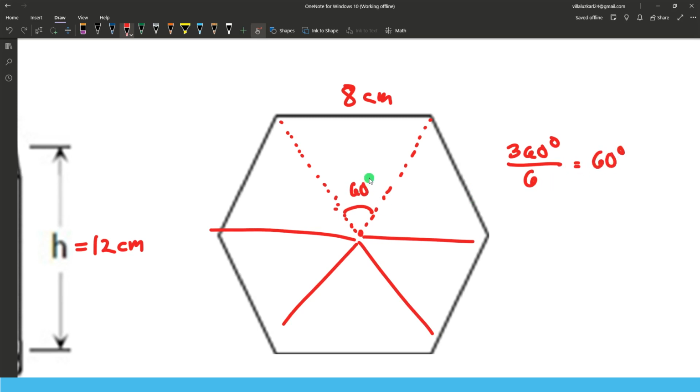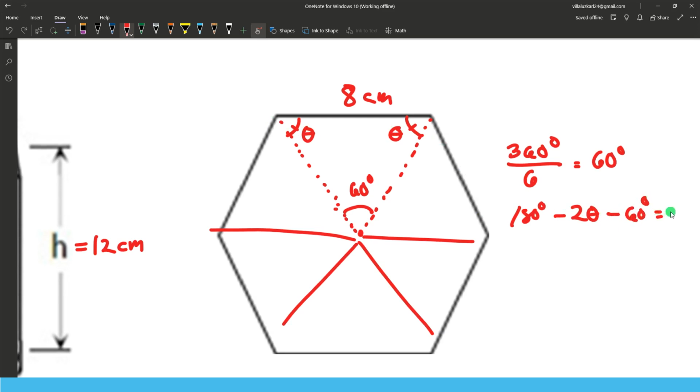If this is 60 degrees, it is expected that the other two angles are the same, since this is an isosceles triangle. Let's assign theta, theta, and 60 degrees.